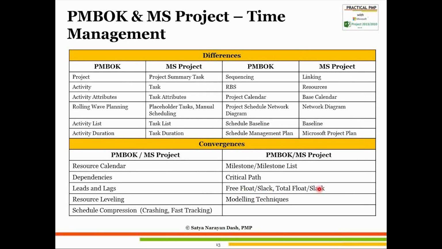The terms are the same, the meaning is the same. The forward pass and backward pass, using early start, late start, early finish, late finish, the same concepts are available in Microsoft Project. Then you have modeling techniques like what-if analysis. We can use what-if analysis in Microsoft Project. So this is a comparison for time management overall.